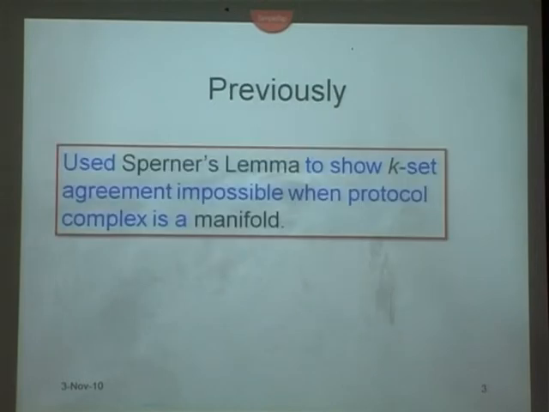Okay, so basically what we did last time was we showed you how to use Sperner's lemma to show that k-set agreement is impossible when your protocol complex is a manifold. So Sperner's lemma only works for manifolds. And so we looked at this immediate snapshot model where all of the protocol complexes are manifolds. And you know, we got separation results, impossibility, and things like that.